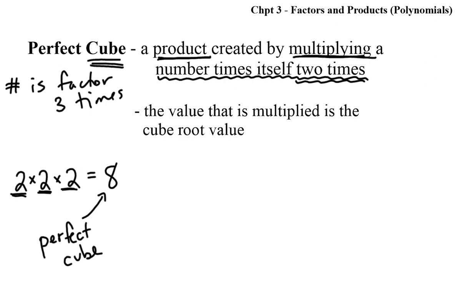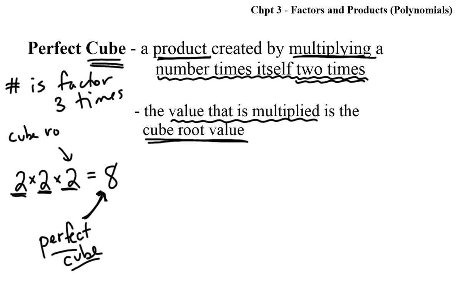And again, what's true? The value you multiply by, it's the cube root value. So 8 is the perfect cube, but 2 is the cube root value. Terminology you have to be able to distinguish between.